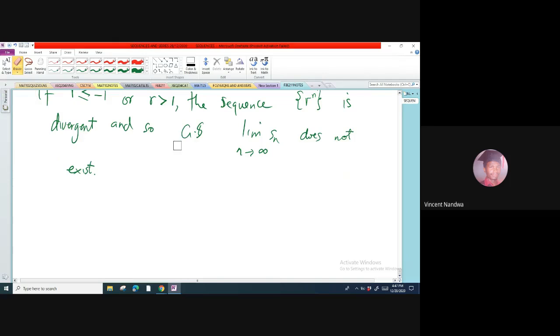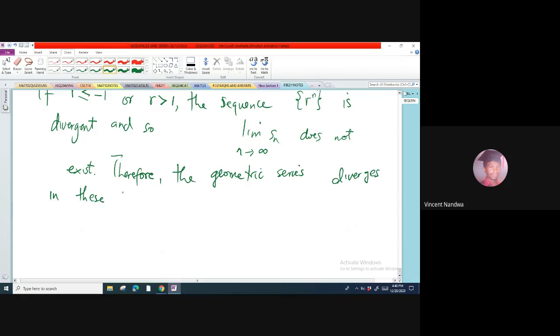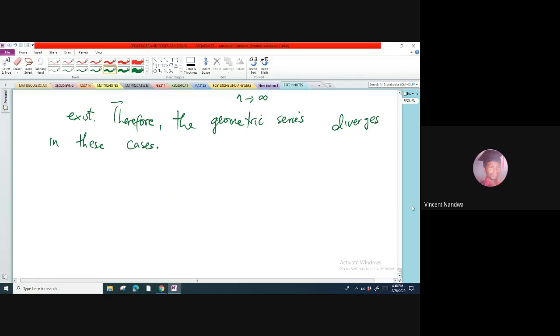So therefore, the geometric series diverges in these cases. So the only case where the geometric series converges is when r is strictly between -1 and 1.